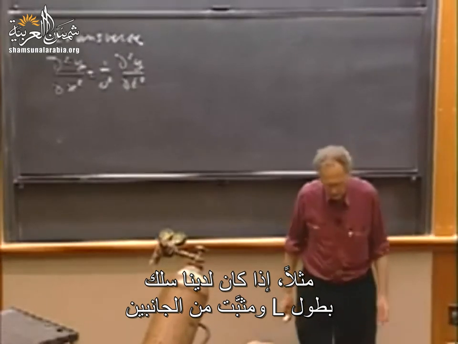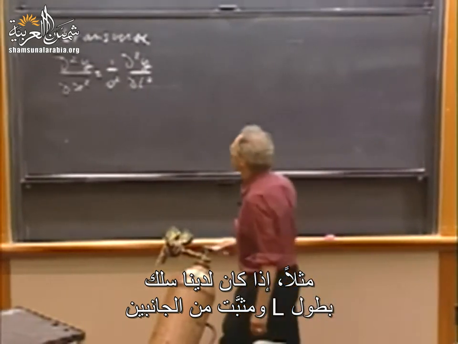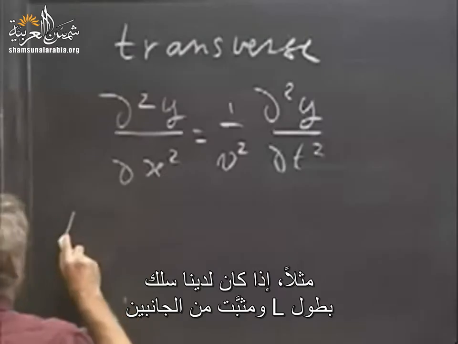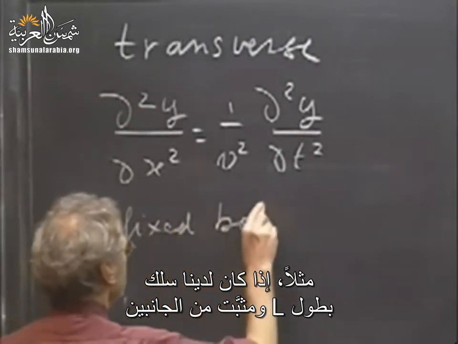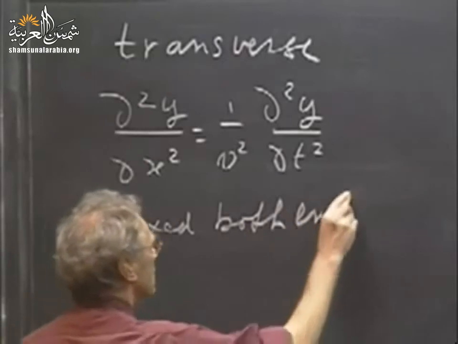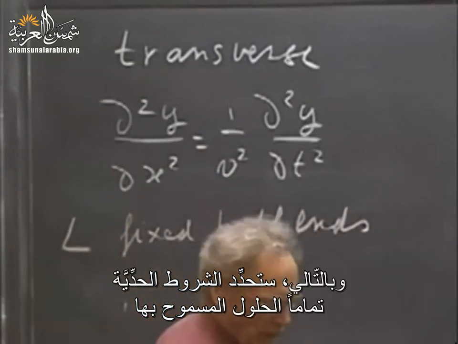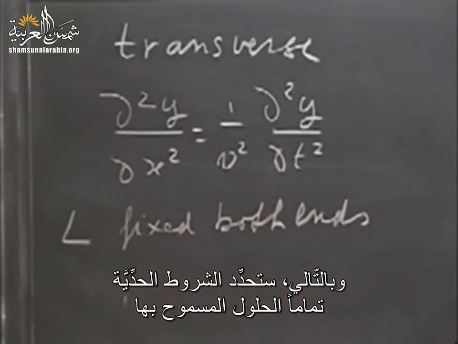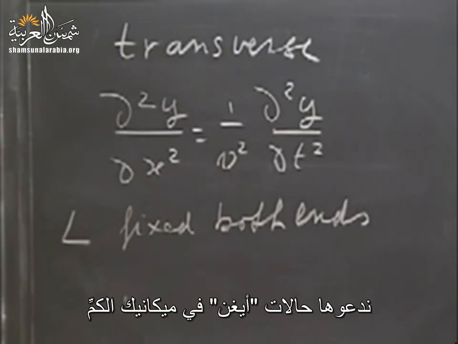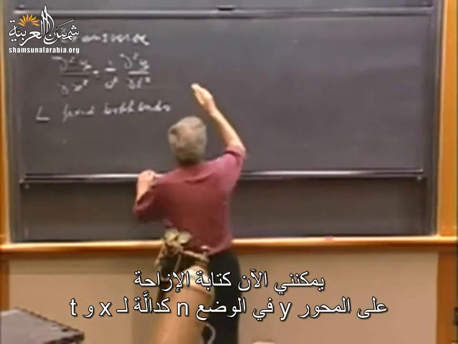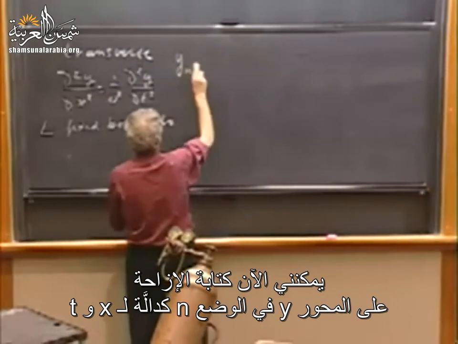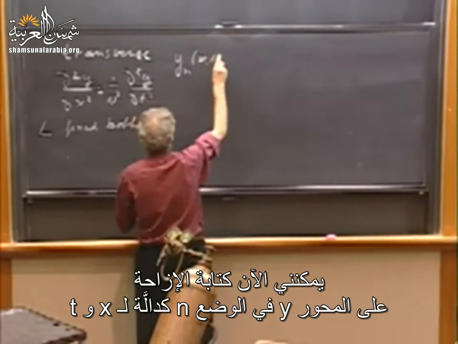So for instance, if we have a string with length L, fixed on both ends, then the boundary conditions determine the precise allowed solutions. We call them eigenstates in quantum mechanics. I can write down the displacement y in the nth mode as a function of x and t.